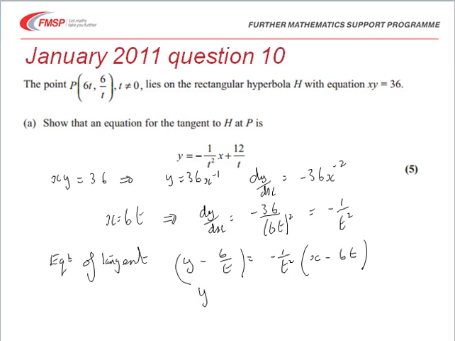Multiplying out the right hand side gives us y minus 6 over t is equal to -x over t squared plus 6 over t. Then adding 6 over t to both sides gives the equation we've been asked to find. y is equal to -x over t squared plus 12 over t.